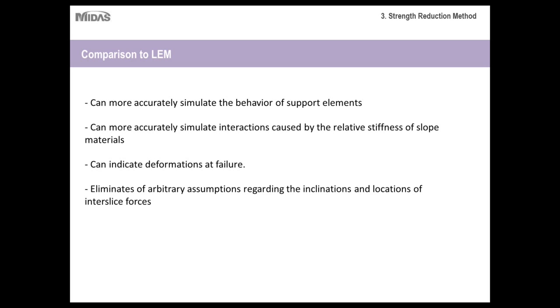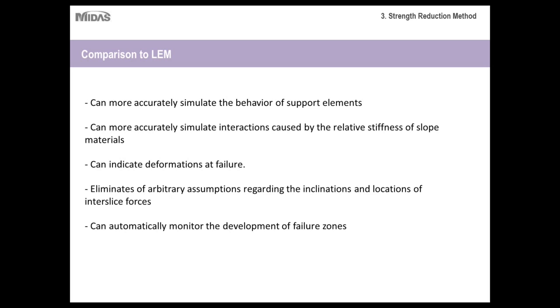In other words, with the strength reduction method, because fewer assumptions are made, the final results are going to be more optimized or more accurate. Whereas with the limit equilibrium method, because of those assumptions, more conservative results will be given. So typically, with the limit equilibrium method, you'll get factors of safety that are higher than what you'd get with the strength reduction method.